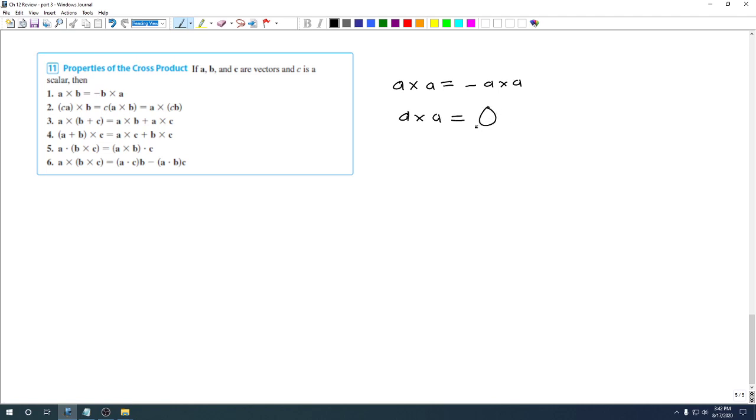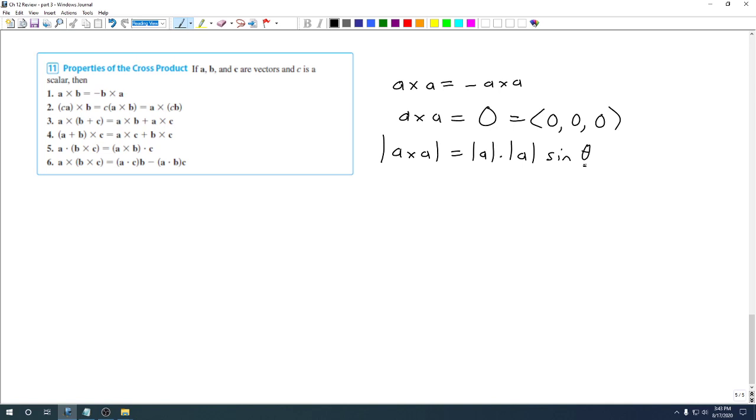So here, this is the zero vector. This is 0, 0, 0. That is fixed. Any vector crossed with itself is always a zero vector, no matter what. And actually, if we think about it, that makes sense. Remember, the magnitude of A cross A has to equal the magnitude of A times the magnitude of A times the sine of the angle between.